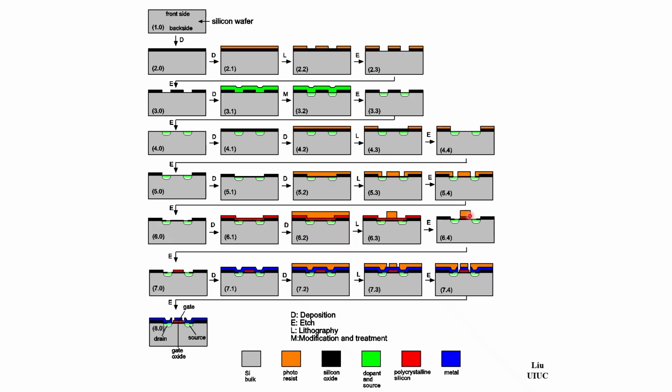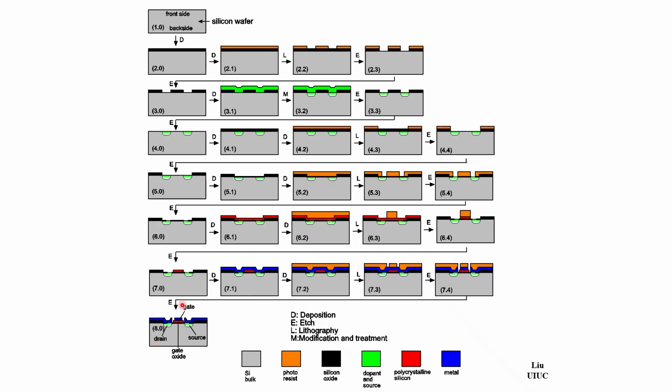This time we form the gate metal. And after this, you can place metal layer on top and then pattern the source and drain and gate. So you form the metal oxide semiconductor. This basically illustrates the sequential process of using deposition, etching, and photolithography to form a coplanar device.